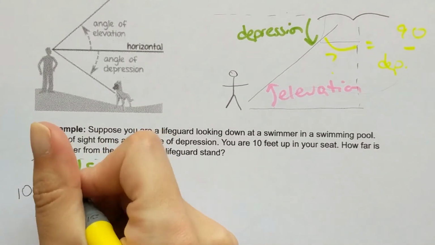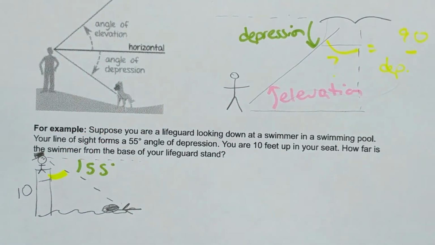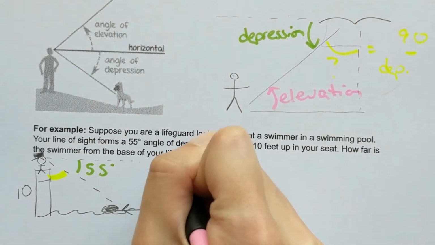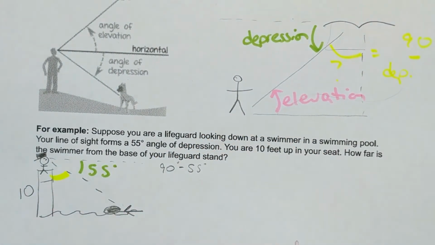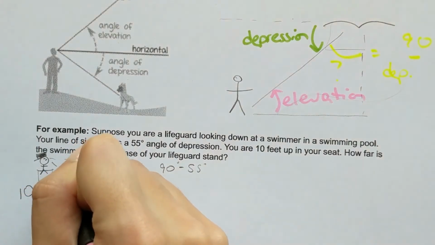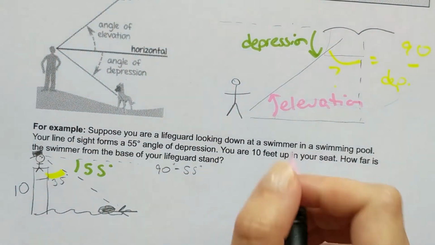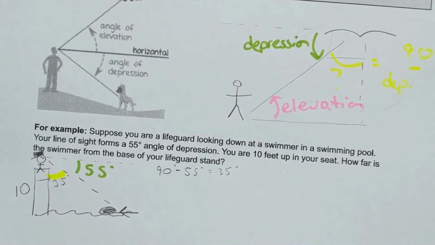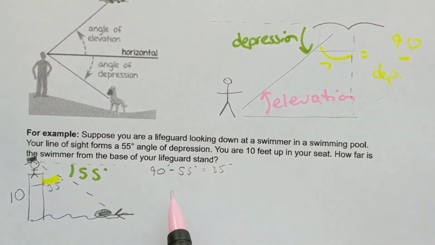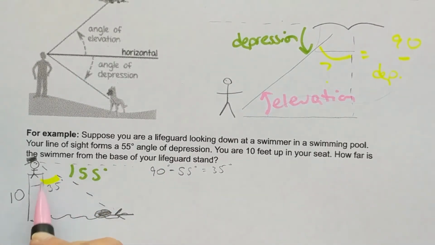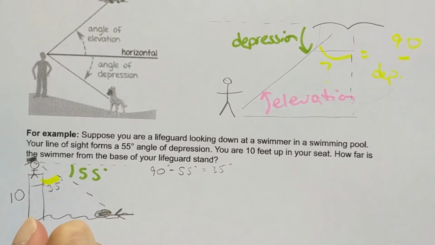And so in order to find this information, I need to do 90 minus 55 degrees. That's going to give me the angle inside. 90 minus 55 is 35. So I now know that the angle inside here is 35 degrees. Finally, the question is asking, how far is the swimmer from the base of your lifeguard stand? So here's the base of my lifeguard stand. Here's the swimmer.